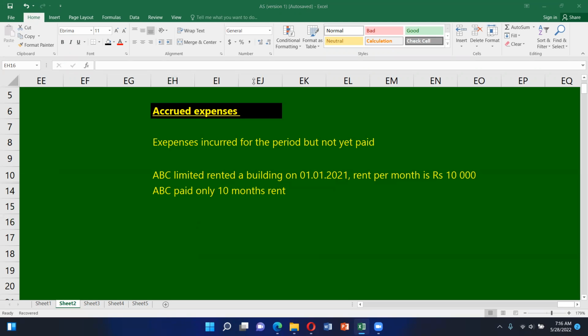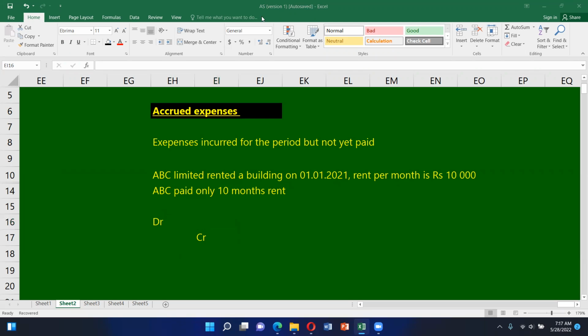Vinati Piris, I'm asking a question. So what is the double entry for these 10 months rents they paid? Accrued expense debited 100,000 and cash credited 100,000. Any different answer?